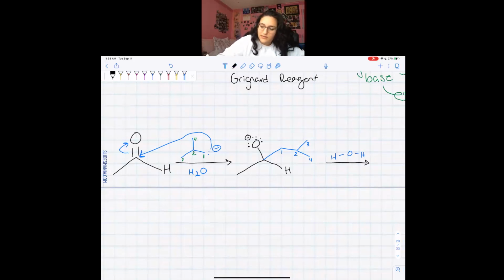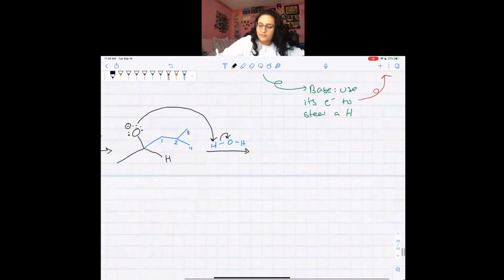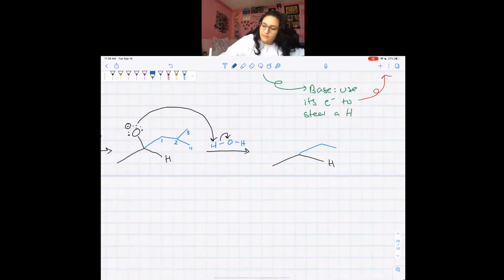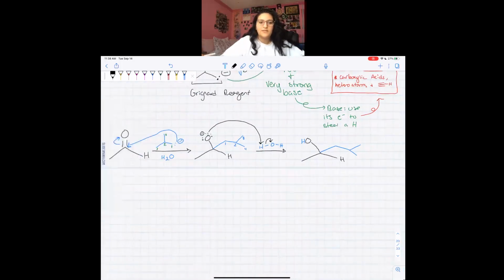So we're going to, bam, steal the hydrogen, bam. So we get H, the reagent that we just added. And now we formed an alcohol. Ta-da! So this is the Grignard reaction.